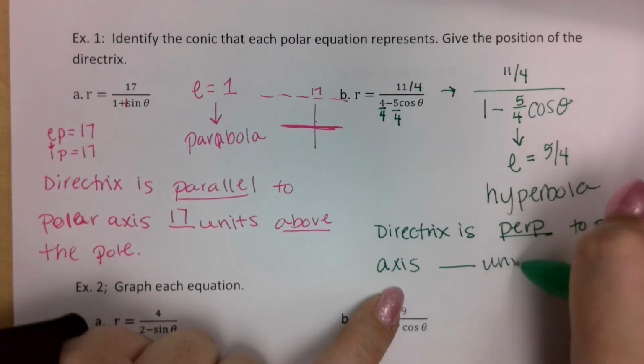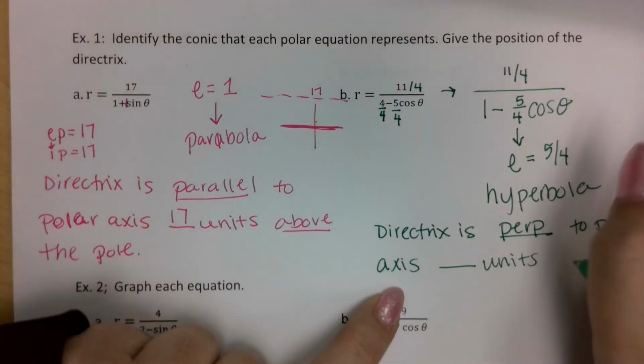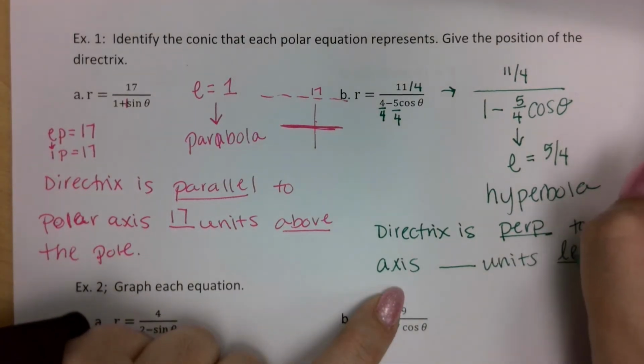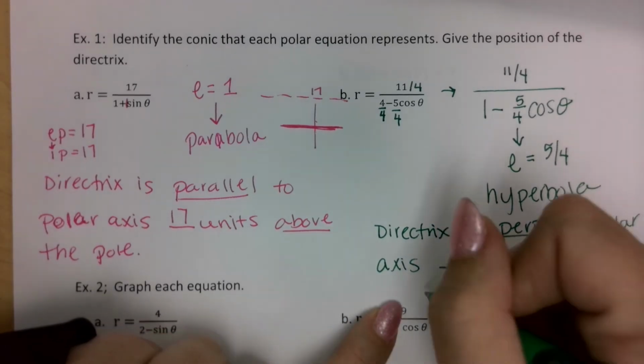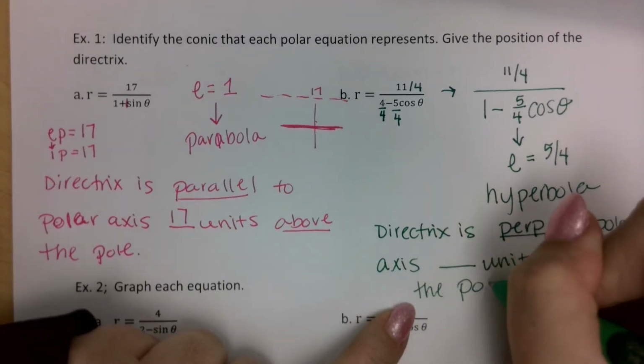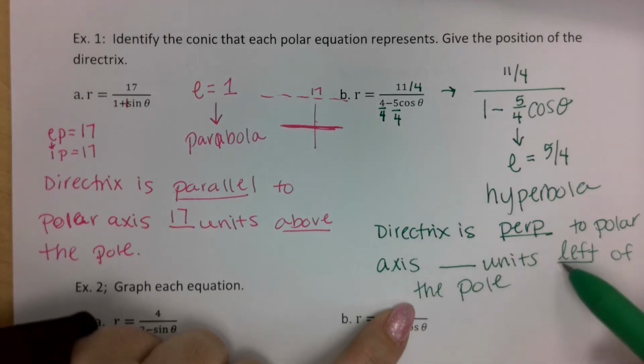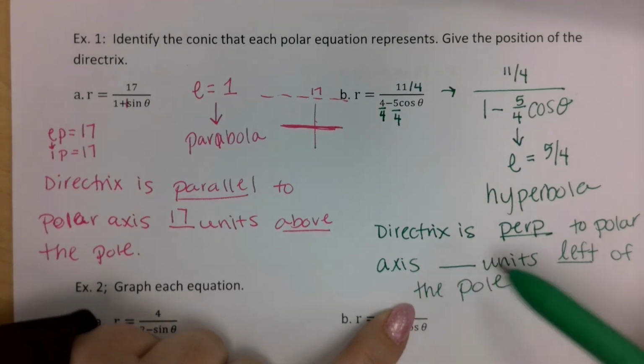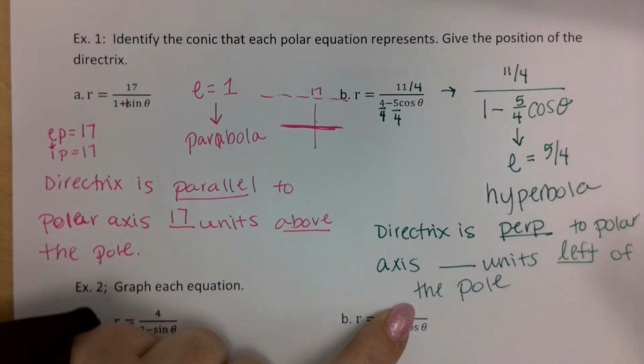P units, and then this one said left of the pole. Okay, so these are the words that are going to change each time. Perpendicular or parallel, the units change each time, and it's going to be left, right, above or below. So that word's going to change depending on which one we pick.